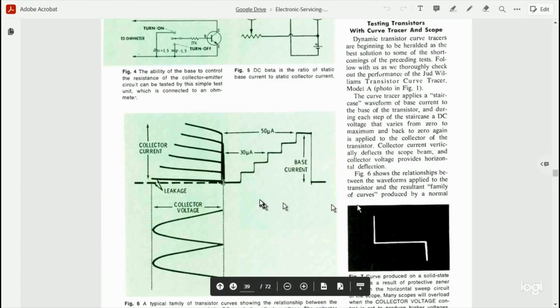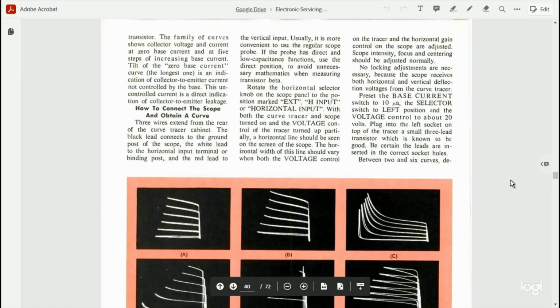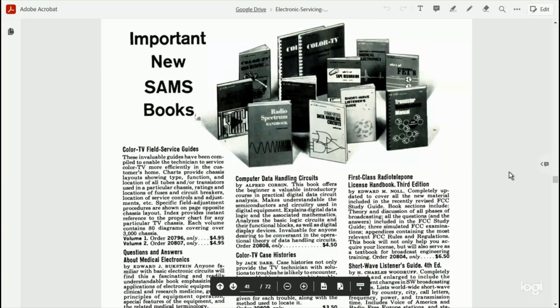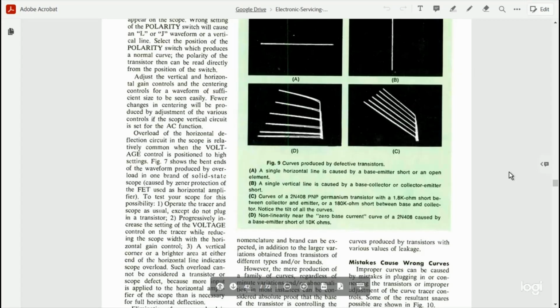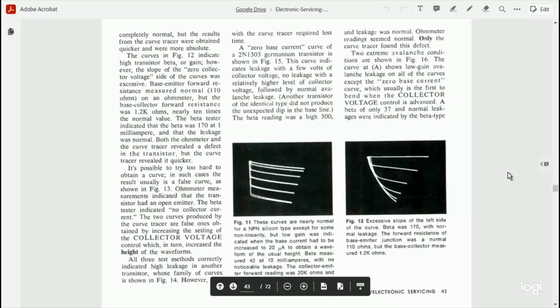But it goes into the basics on two signals that are applied to the transistor and how they are translated into the signal you see on the oscilloscope screen, and how to read the different signals and see what type of issues you might have with the transistor device under test.